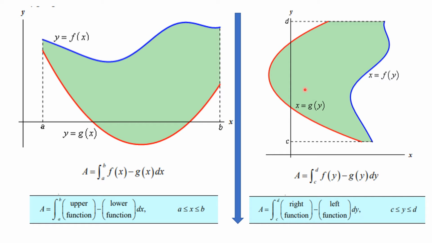In this case, instead of integrating dx, we draw little slices this way and do dy. So the area is going to be the integral from c to d of f of y minus g of y dy. Again, we're slicing this way. In words, the area is equal to the integral from c to d of the right function, the ones with the higher values, minus the left function, the ones with the lower values. And so we're integrating dy.